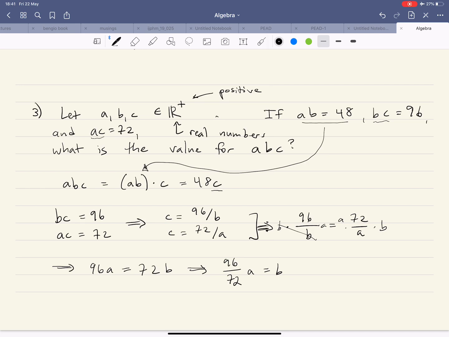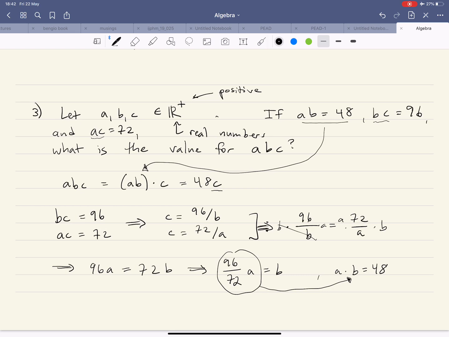And furthermore, I know that A times B equals 48. So I can substitute this value, this 96 over 72A, into this expression over here where the B is, right?